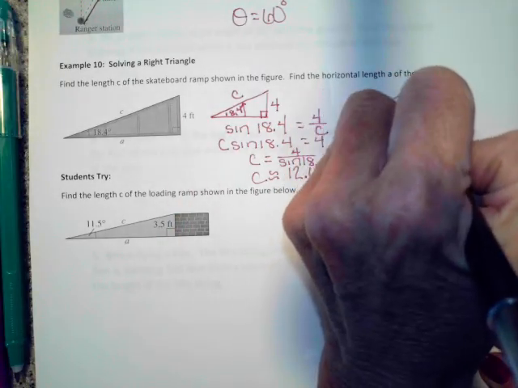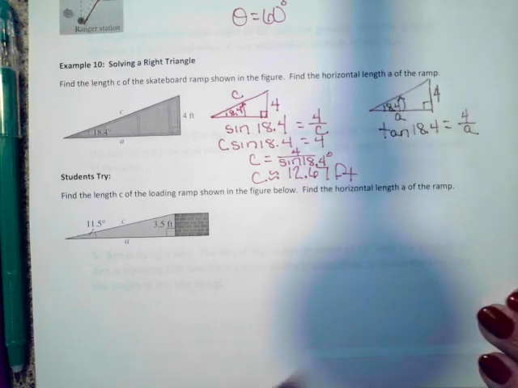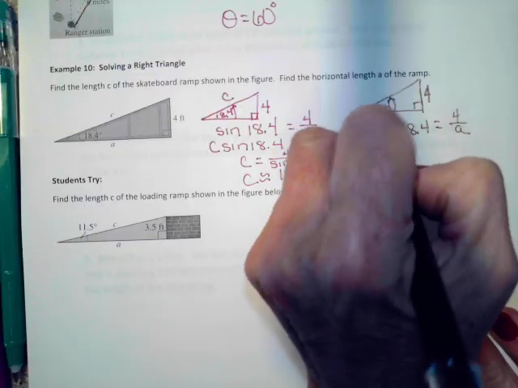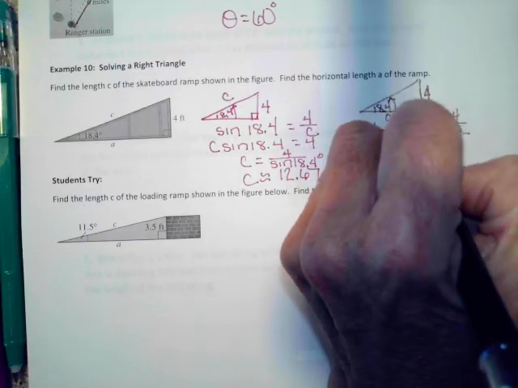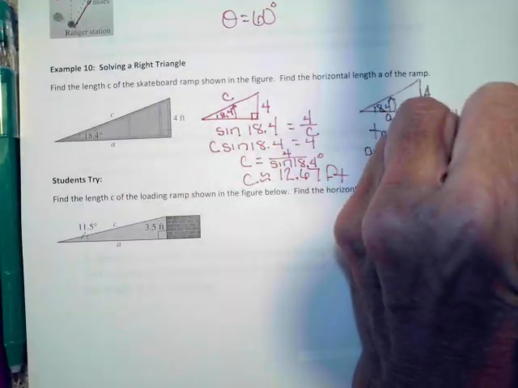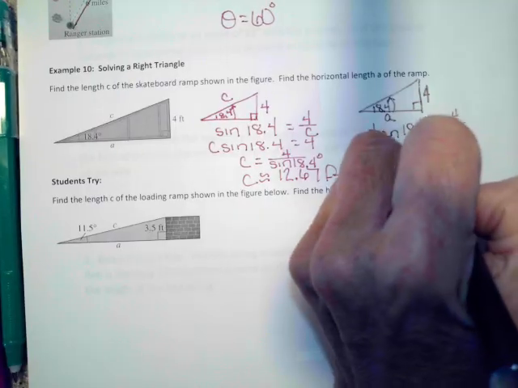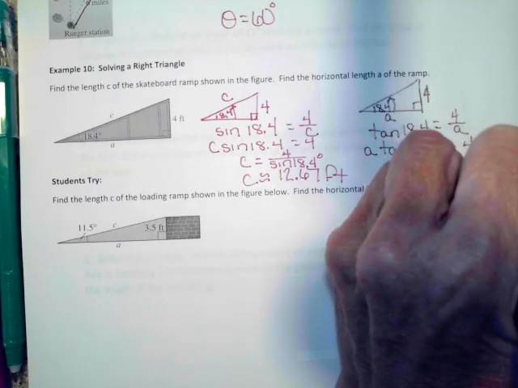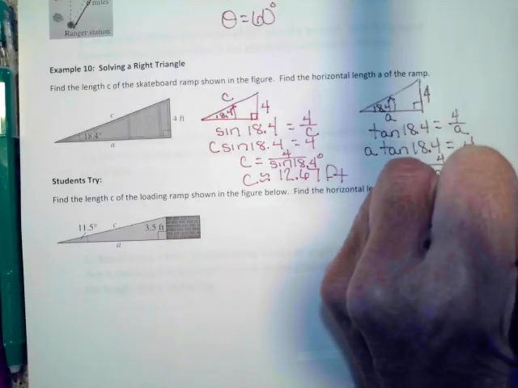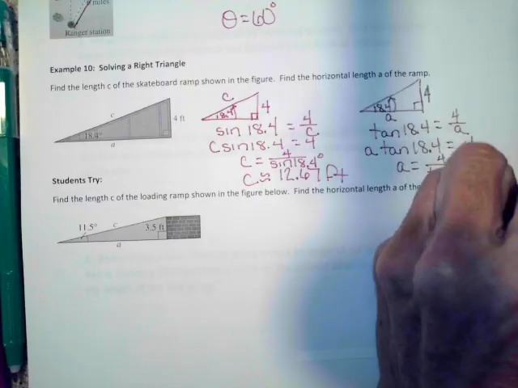So tangent 18.4 is 4 over A. So A tan 18.4 equals 4. Now A is 4 over tan 18.4 degrees. So A is approximately 12.02 feet.